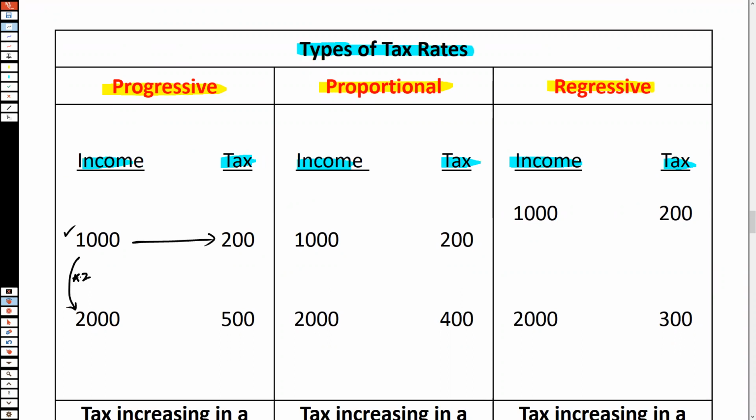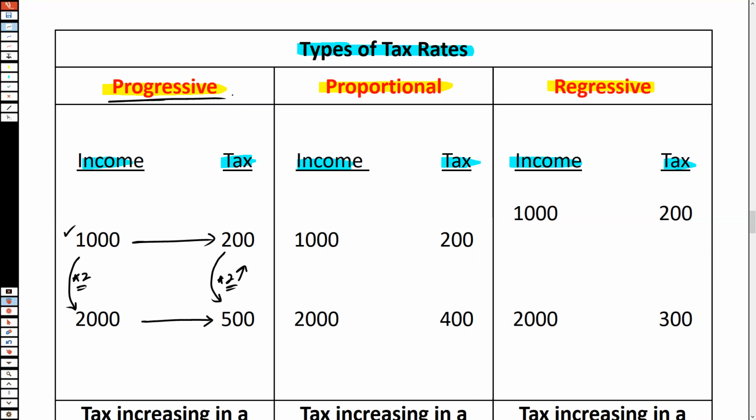It means your income has increased by a proportion of 2. On this 2,000, you are now paying a tax of 500. When you check, your tax has increased in a higher proportion as compared to income. So when the tax is increasing in a higher proportion as compared to income, such tax rates are termed as progressive tax rates.